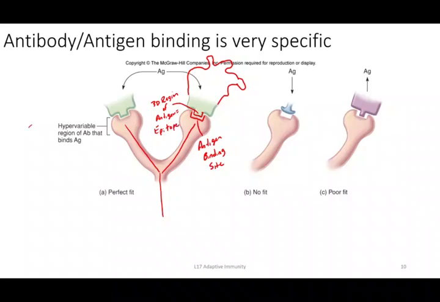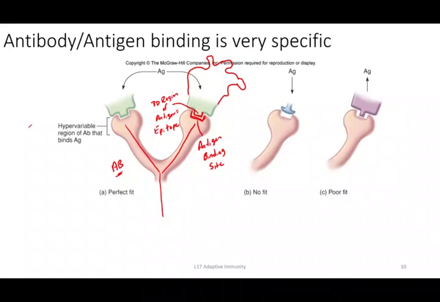And so what this is showing us is this one antibody can only recognize this one epitope of this one antigen. So it's got a lot of terminology, so I'll say that again. This one antibody has an antigen binding site that will only recognize this epitope of this whole antigen.